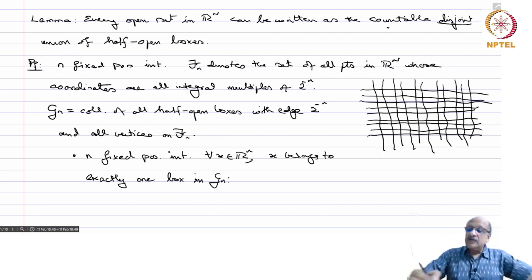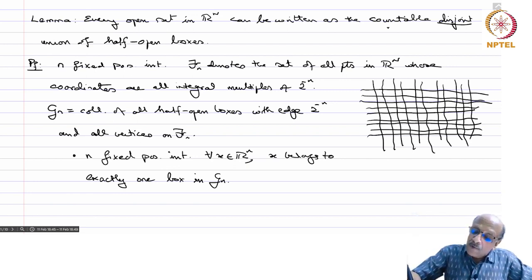That is clear, because G_n is the union of all these half open boxes. The boxes are disjoint, and R^n is the union of all these half open boxes. So when you say half open box, I mean something with these two sides closed, the other two open, and so on.